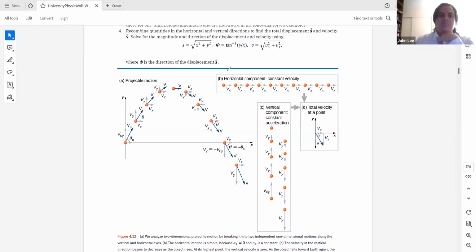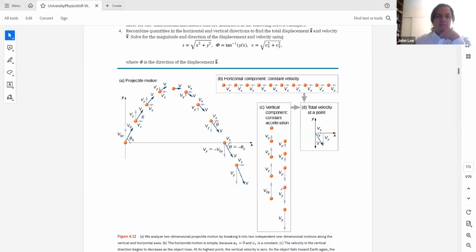So the horizontal component has constant velocity; it just keeps going on and on at the same velocity. It travels the same distance over a given time, the entire time that it's moving.